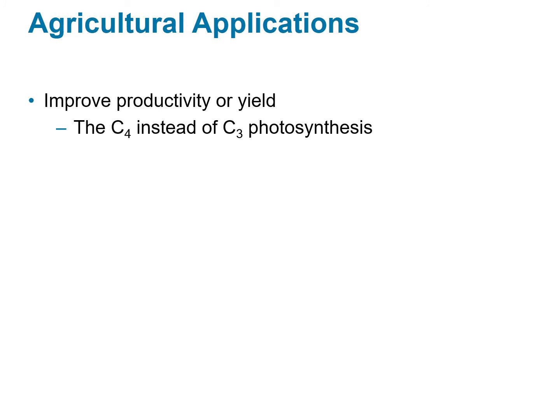So if there is a drought. C4 plants, and remember those are ones that can live in really hot and dry climates. So if you can engineer plants to undergo C4 photosynthesis rather than C3 photosynthesis, you can avoid that type of situation.